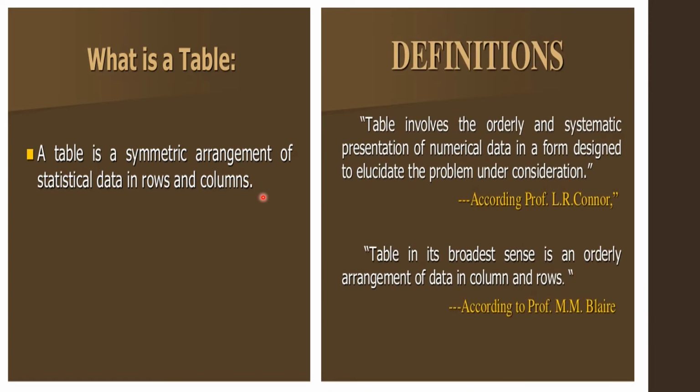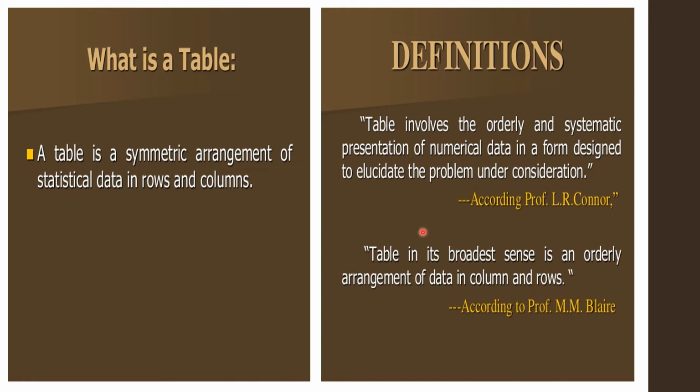There are also certain definitions given by a few economists. The first one is: a table involves the orderly and systematic presentation of numerical data in a form designed to elucidate the problem under consideration, according to Professor L.R. Connor.